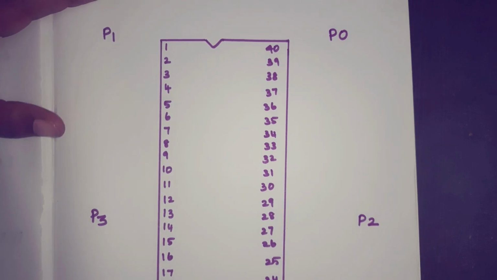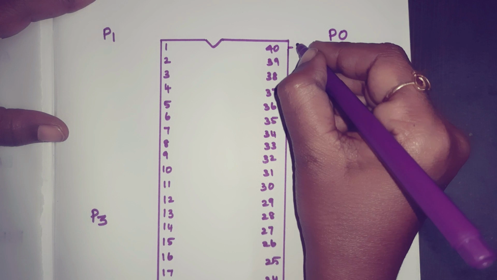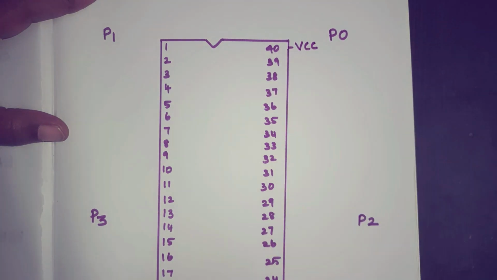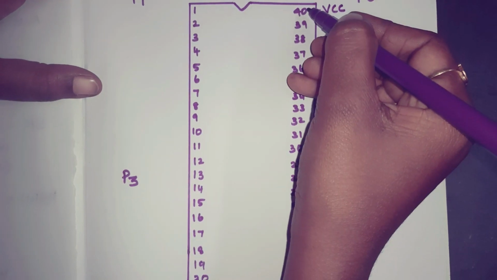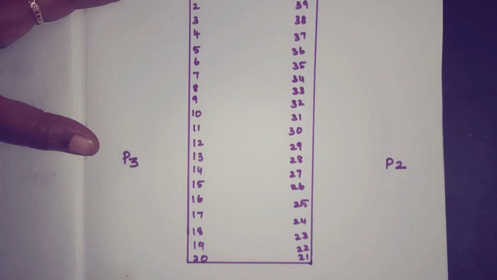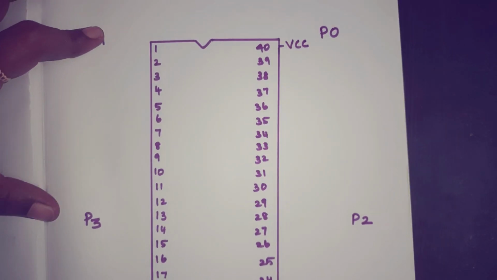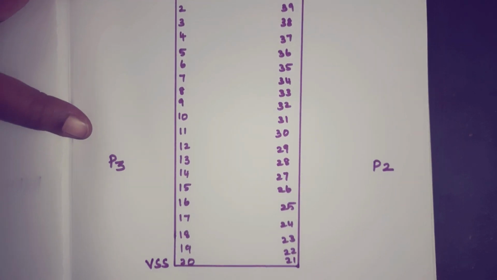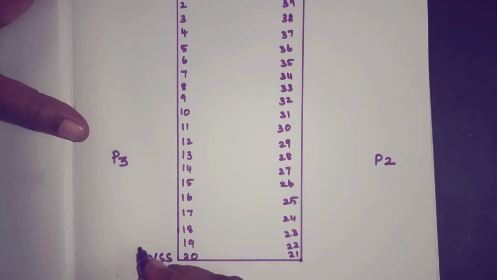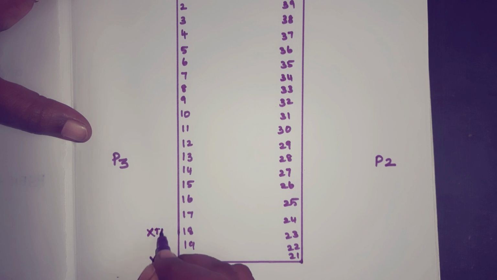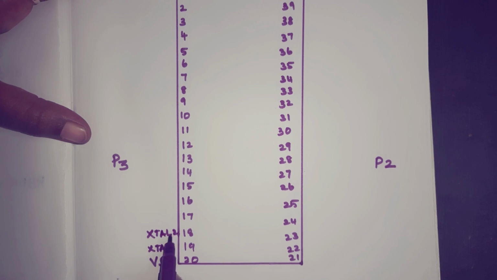Right. And first we will fix the power supply pins. VCC is on 40th pin and just opposite to that at 20th pin we have VSS. Okay. So next that external crystal input, that is XTAL 2 and XTAL 1, Crystal 1 and Crystal 2.